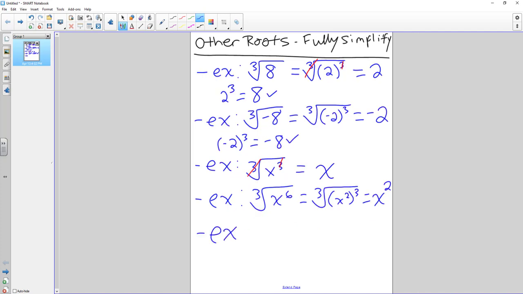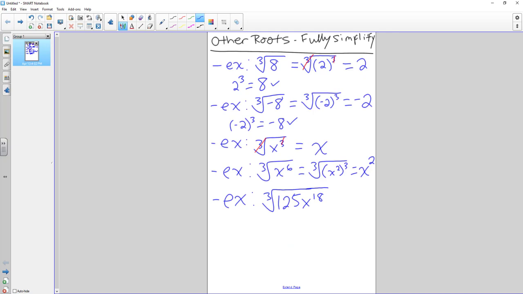How about one more cube root before we go on to some other ones? How about the cube root of 125 x to the 18th? I'm looking for what to the 3rd power is going to get me that 125x to the 18th. In terms of the 125, 5 to the 3rd power, 5 times 5 times 5, is 125.